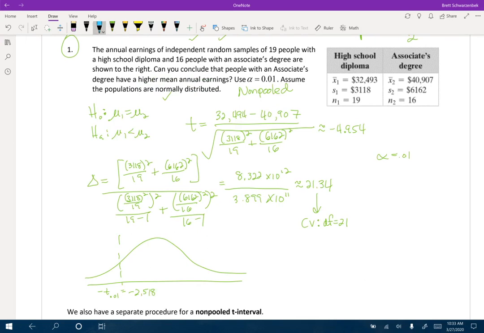So we know, as always, rejection region over here. We do not reject anywhere else that's not in the tail. In this case, there's 1. So we take our t value, which is at t equals negative 4.954. It's in the rejection region of this graph, so we reject h naught.